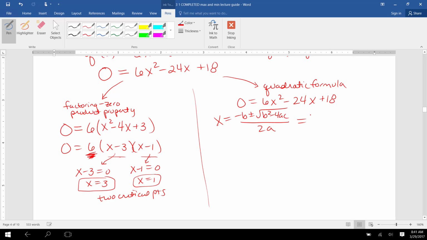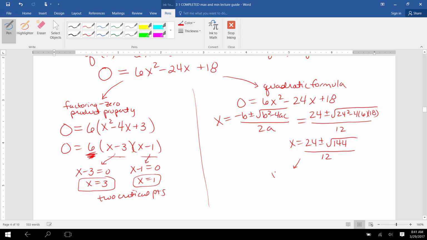We plug in the values. Negative b will be positive 24 plus or minus the square root of 24 squared minus 4 times 6 times 18, all over 2 times a, which is 12. That's x equals 24 plus or minus the square root of 144, if you pop that in your calculator or Excel.